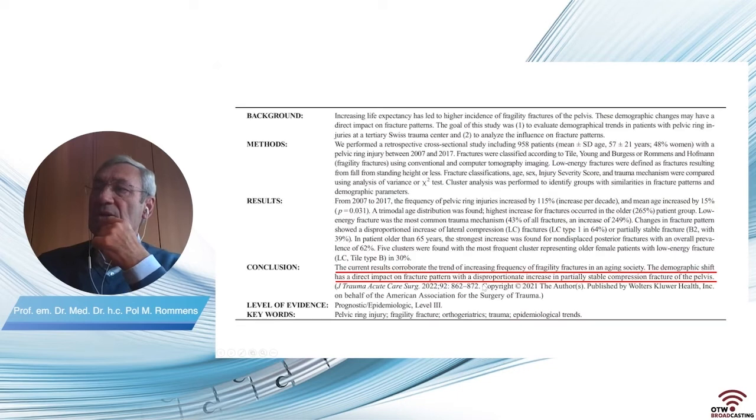Another publication from the European Union and outside: current results corroborate the trend of increasing frequency of fragility fractures in the aging society. The demographic shift has a direct impact on the fracture pattern, with a disproportionate increase in partially stable compression fractures.